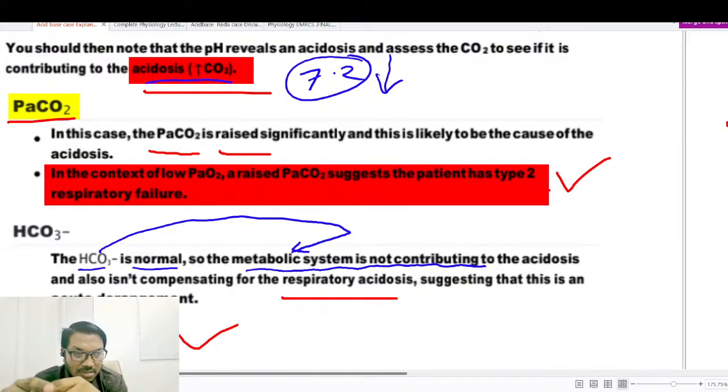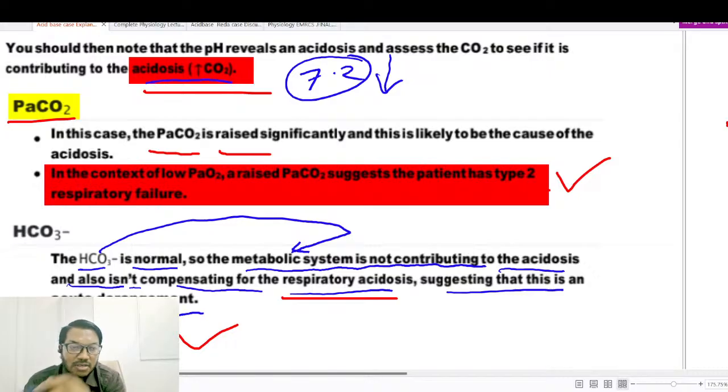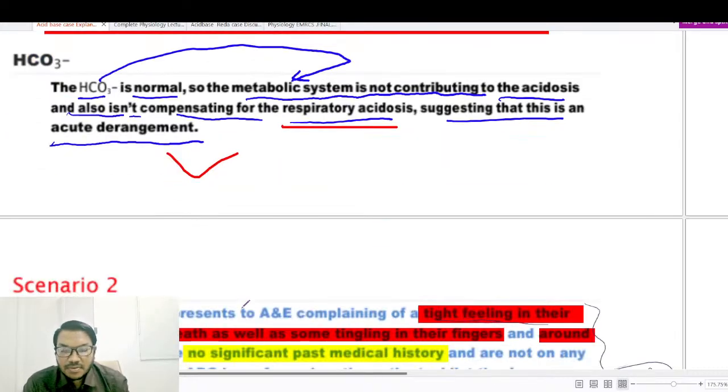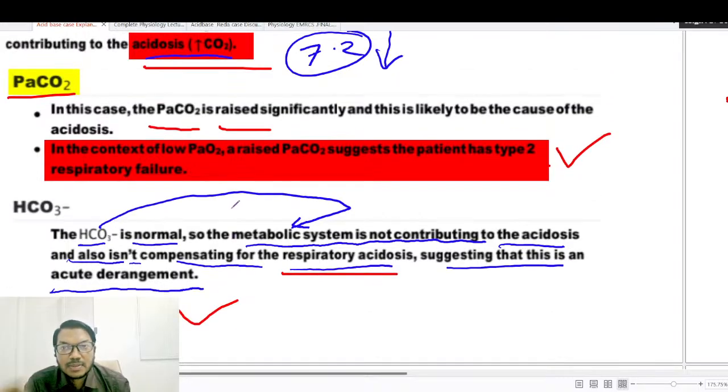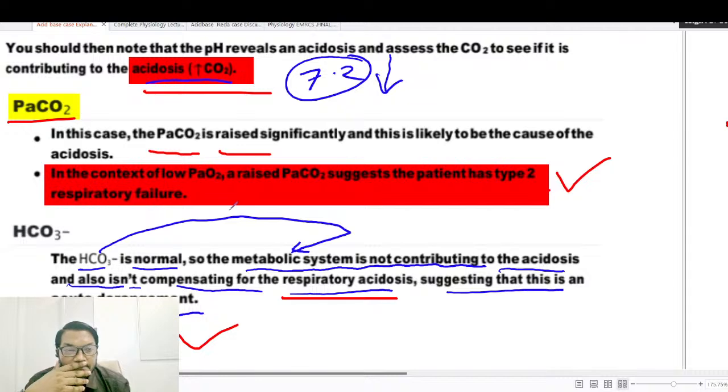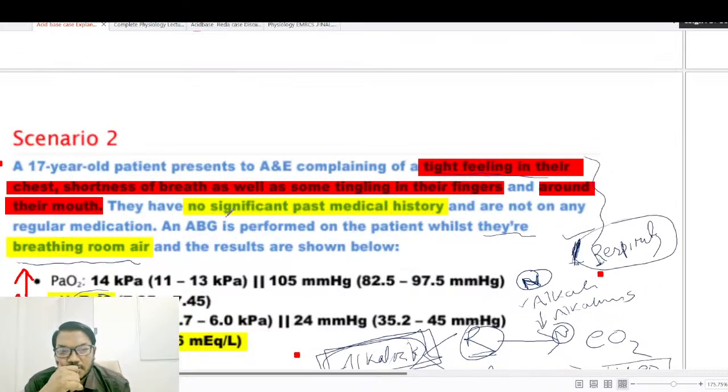The metabolic system is not compensating for the respiratory acidosis, suggesting that it is an acute derangement. So what is the diagnosis? Respiratory acidosis.